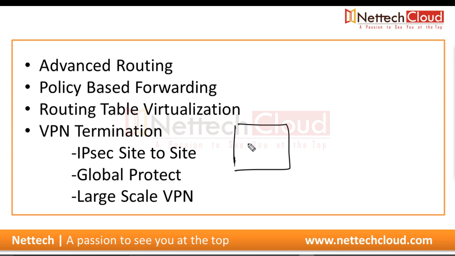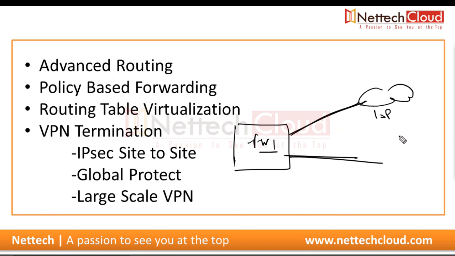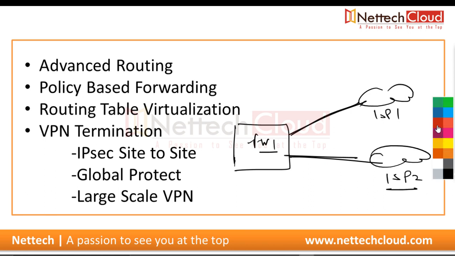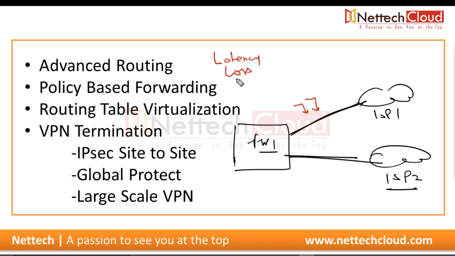So if there is a firewall and there are two interfaces, I'm just trying to explain in a very simple manner. Both interfaces terminate on the firewall, ISP1 and ISP2, and your objective is to route traffic using ISP1 for cloud-based applications, as long as the link is performing well, I mean there is no latency, and packet loss and jitter are also within the limit.